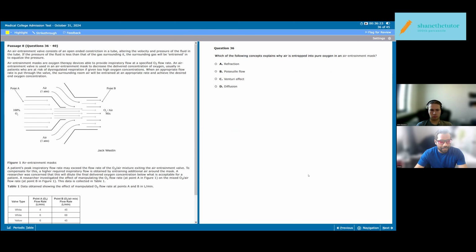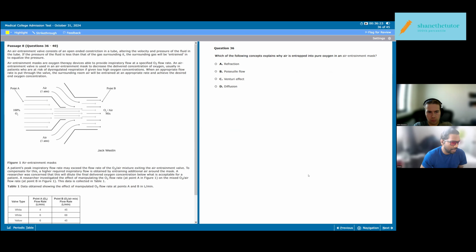That might not be the case, but like harmonic resonance, open tube, closed tube, something like that. But okay. Altering the velocity and pressure of the fluid in the tube. If the pressure of the fluid is less than that of the gas surrounding it, the surrounding gas will be entrained to equalize the pressure.